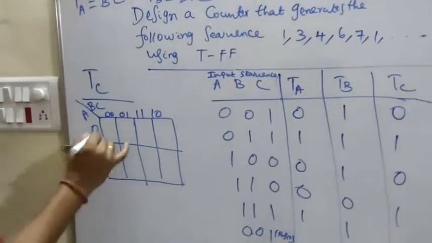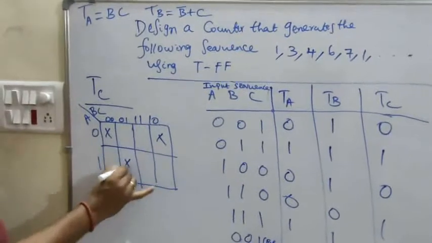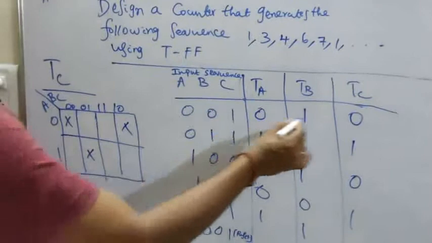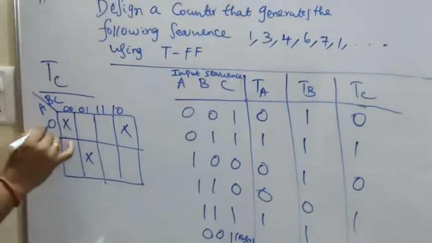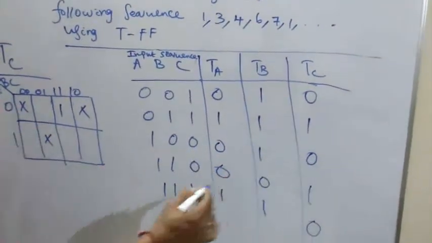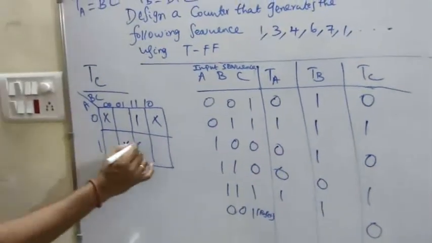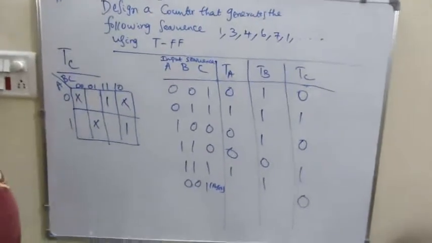Already told that 0 to 5 are the don't cares, right? Look at the actual input. 0, 0, 1 is 0, we are not going to plot it. 0, 1, 1 is 1. 1, 0, 0 is 0, we are not going to plot it. 1, 1, 0 is 1, 1, 1, 0 is 1.